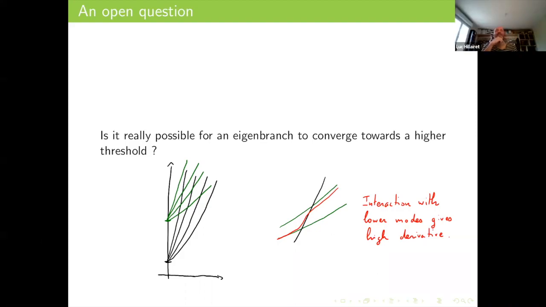Non-self-adjoint operators are a different world. Even for analytic eigenbranches, you can have Jordan blocks or things like that, so it's much harder for me. Here we really use the fact that it's self-adjoint.